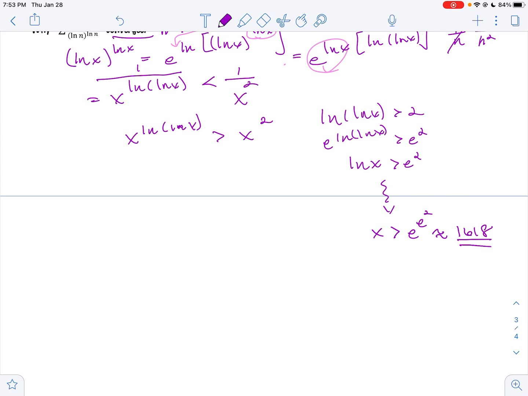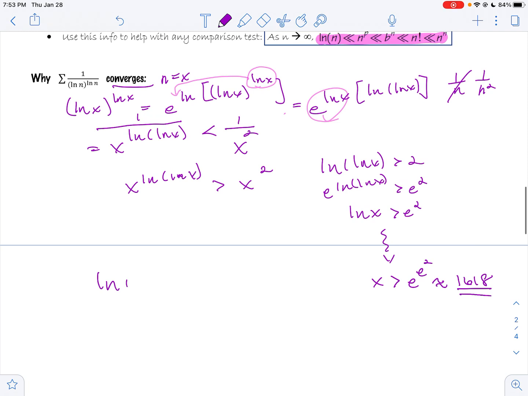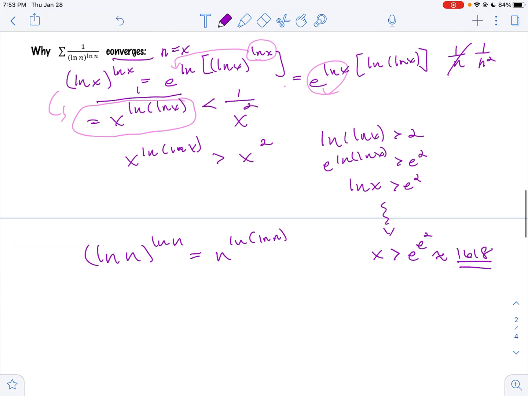We know that the natural log of n, we know that that's equal to n, and that's coming from right here. That's this equality right there. So we went from there to there. That's equal to n to the natural log of the natural log of n.